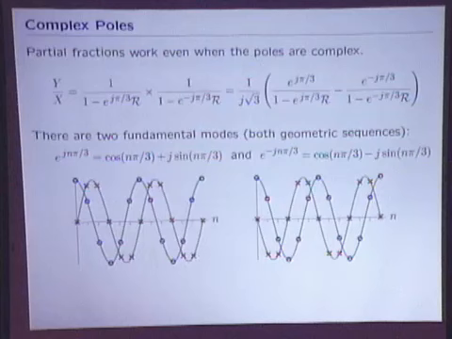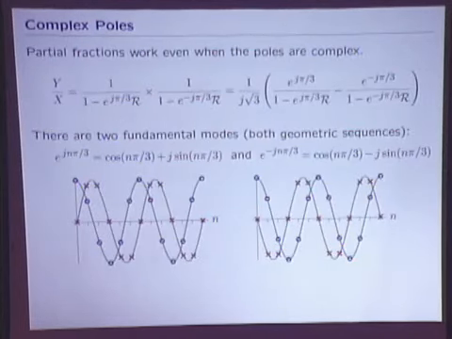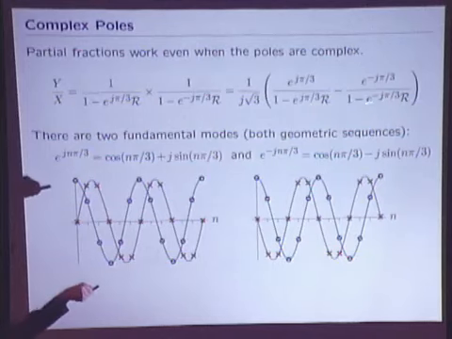The fundamental modes corresponding to a complex pole have complex values, and that's showed here. We can think about that system polynomial that I showed on the previous slide, this one. We can write that in a factored form, but now the roots are complex numbers.